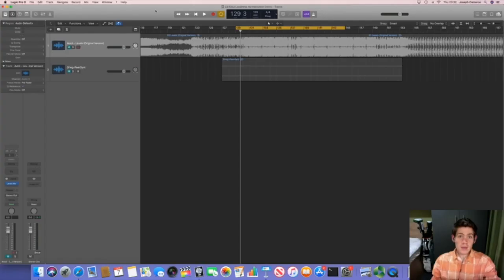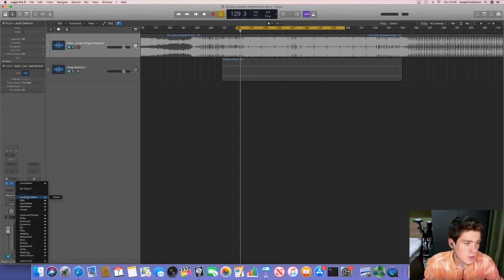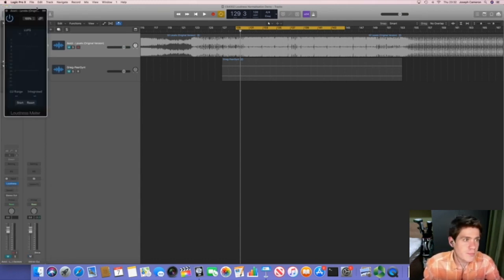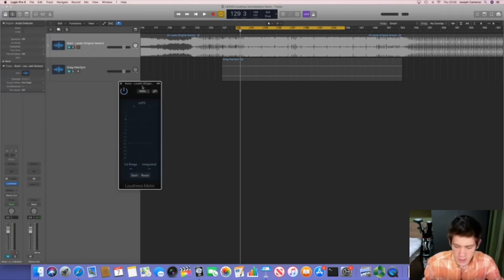So here we are in Logic, and we're going to measure the loudness of our tracks. I have a little loop set up here, so let's measure the loudness over that loop for each track. First I'm going to get my loudness meter up. You'll see that already our units are in LUFS.